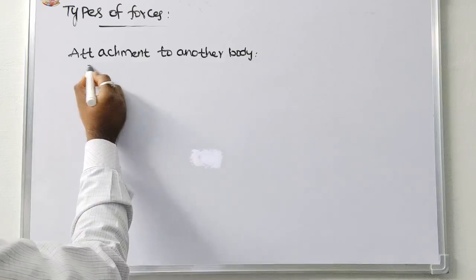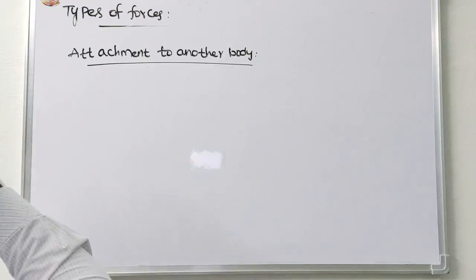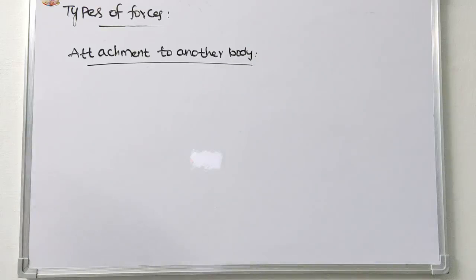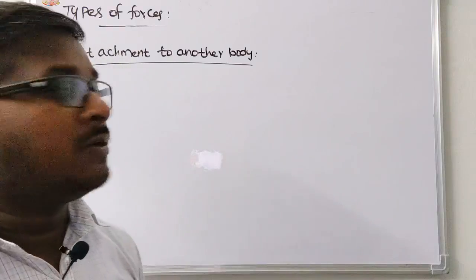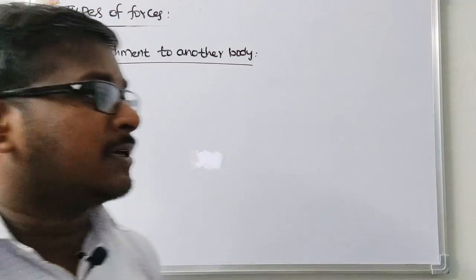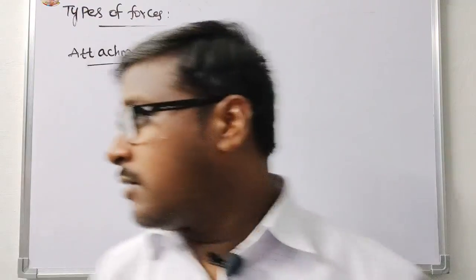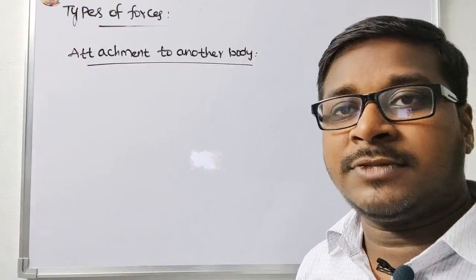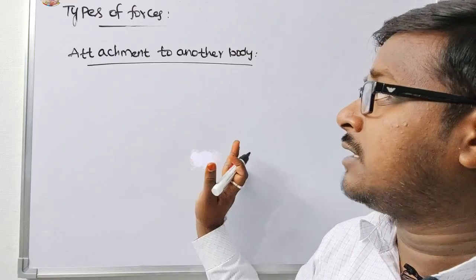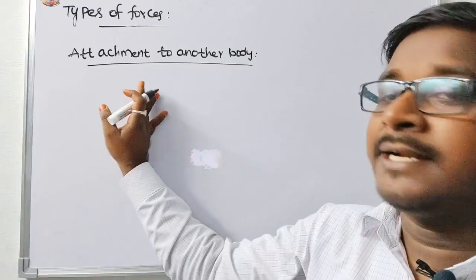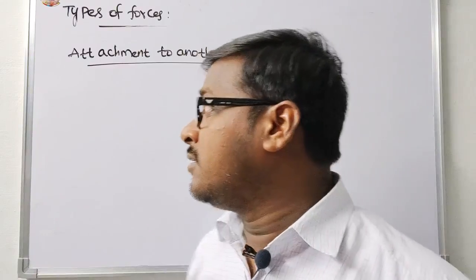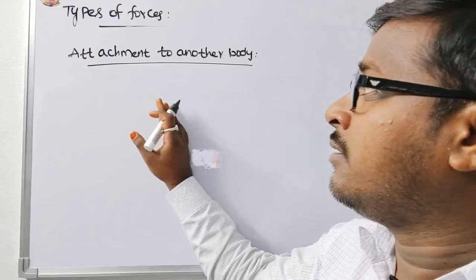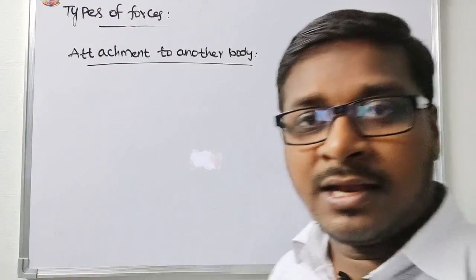Tension in a string and spring force, F equals Kx, come in this group. Tensional force and spring force. What type of forces are these, students? Tensional force and spring force are examples of the contact force.